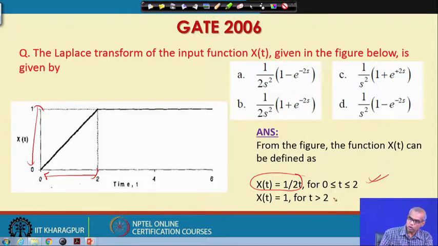So, x t equal to 1 defines x t for all t greater than 2. So, basically you have to take the Laplace transform of this, which is valid between t equal to 0 to 2, and then you have to take Laplace transformation of x t equal to 1, which is valid for the period t greater than 2, and you have to add this up.